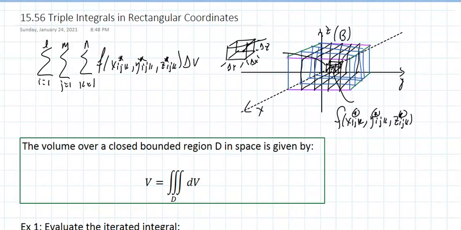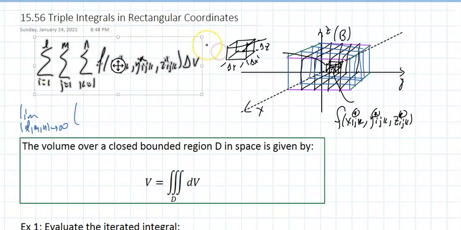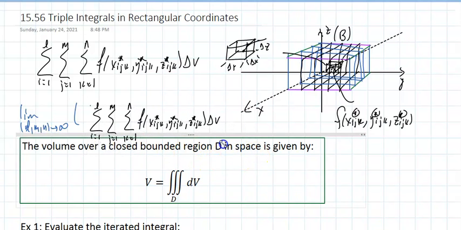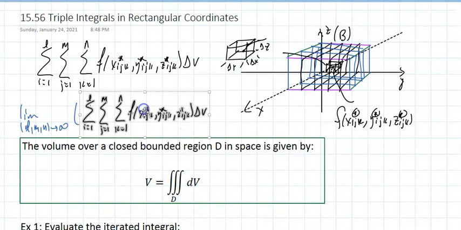And if we take the limit as l, m, and n approach infinity of this big mess, what we would get is the triple integral over region B of f of x, y, z dV.